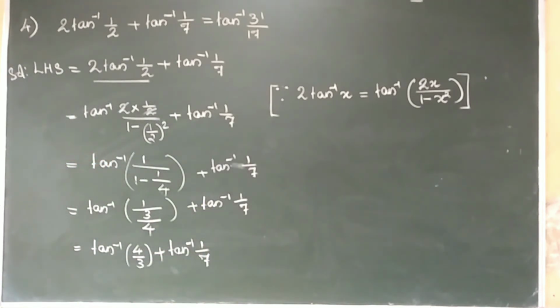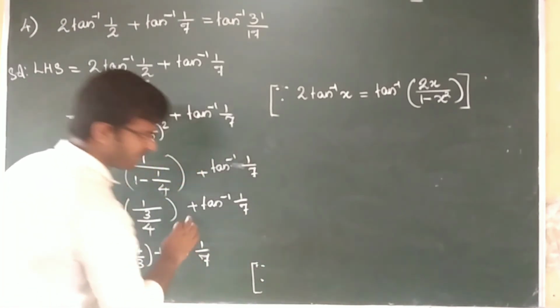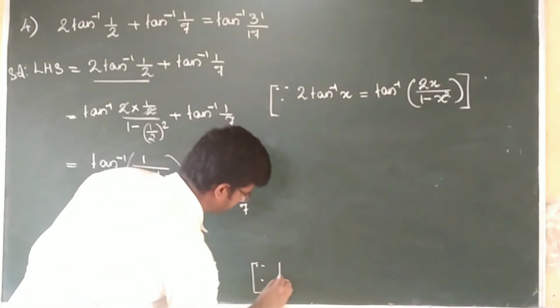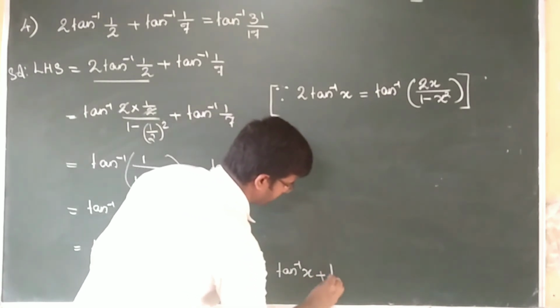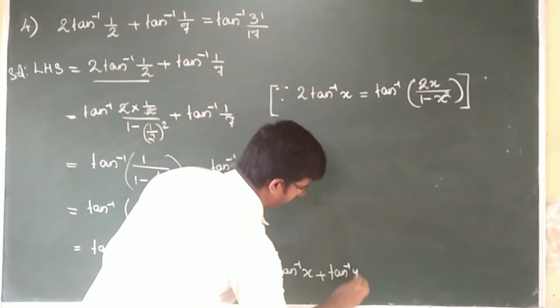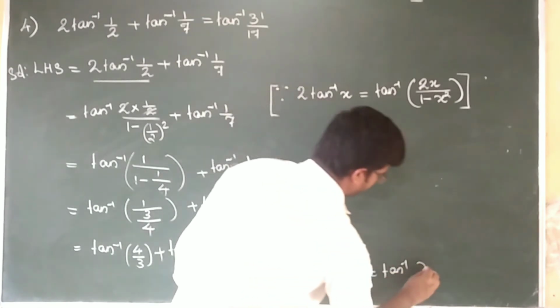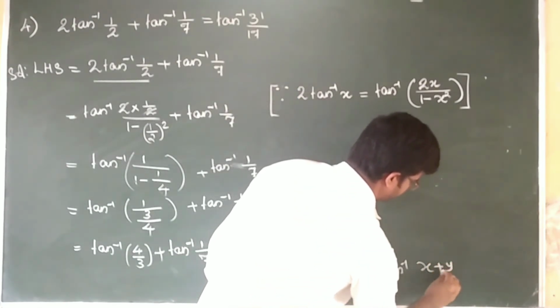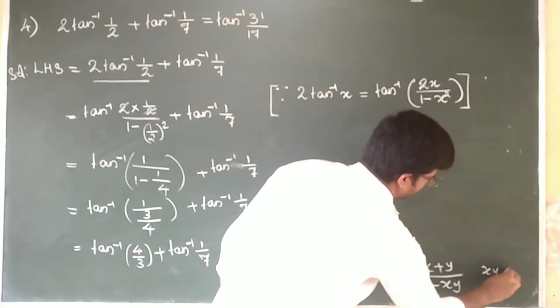Now we are going to use the second property. The second property, which we also applied in the previous question, is tan inverse x plus tan inverse y equal to tan inverse of x plus y divided by 1 minus x into y, where x y is less than 1.